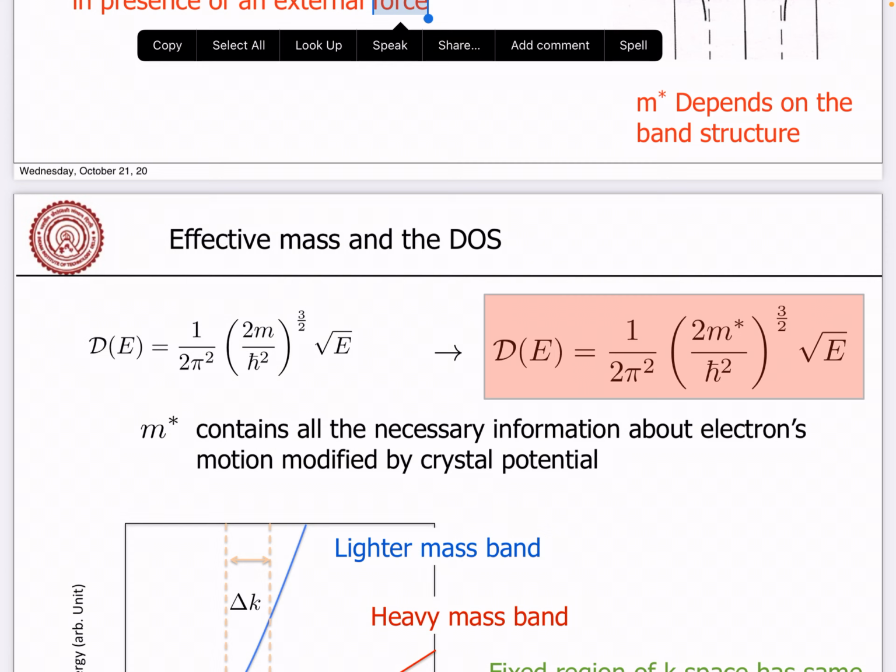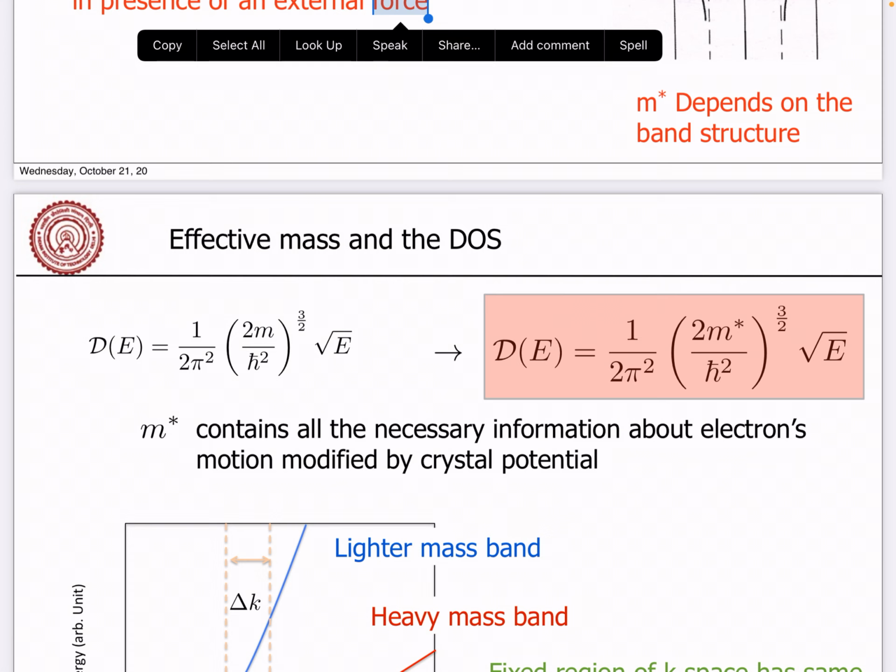Now for those electrons, the density of states will be given by 1 upon 2 pi square times (2m star divided by h square) to the power 3/2 times square root of E. So what it means essentially is that now the density of states takes care of the band structure through the effective mass, right?